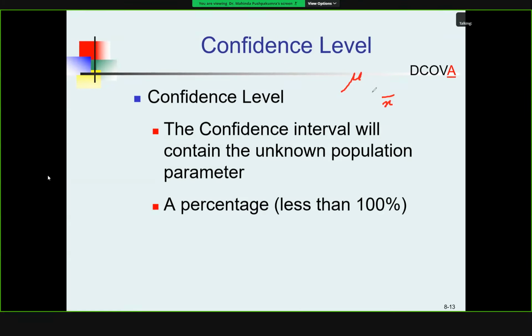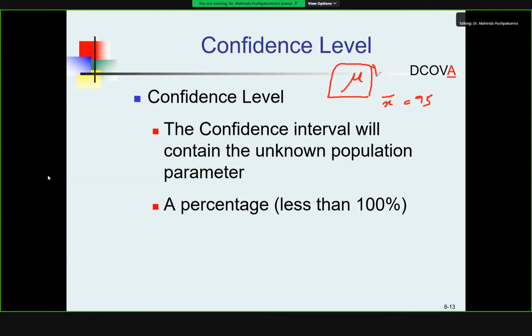Without confidence interval or hypothesis testing, you can't make a conclusion related to population. The sample mean is 95, but you can't say population mean is also 90. It is wrong.